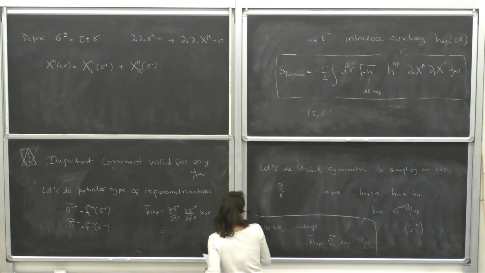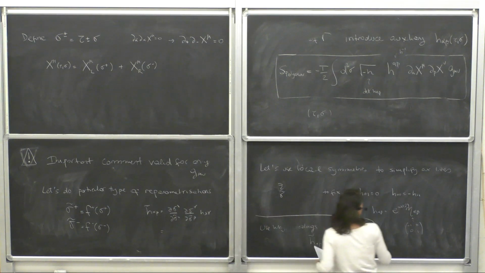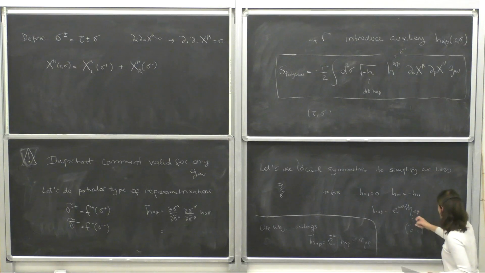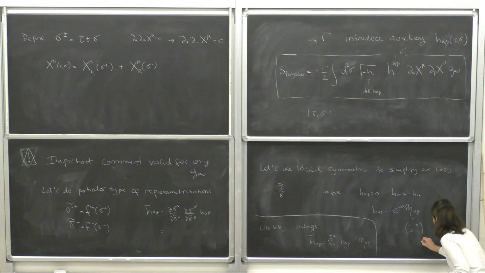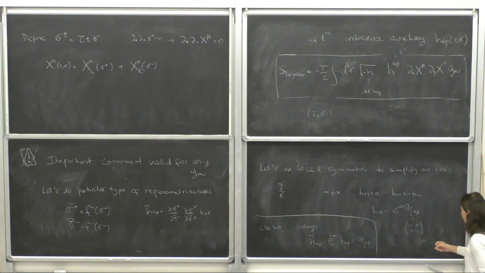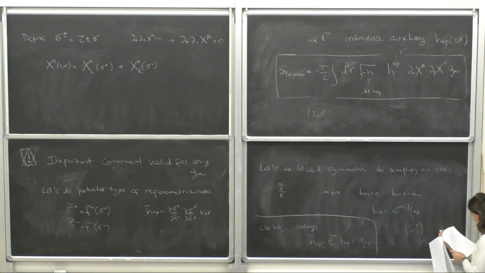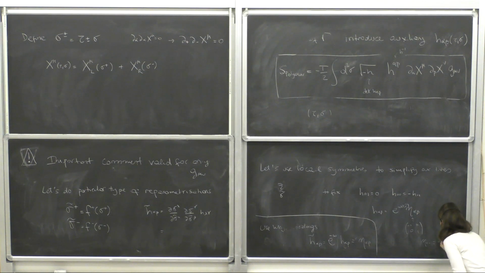So this h lambda gamma is in tau and sigma coordinates, but in sigma plus and sigma minus, what you have is that eta plus minus is minus 1/2.